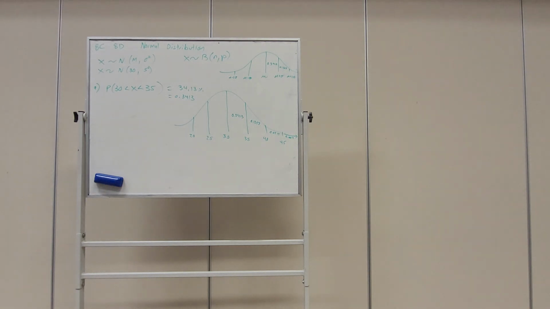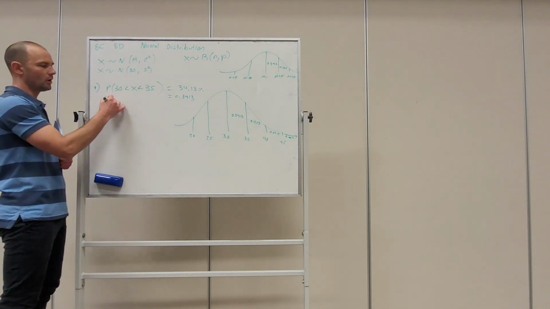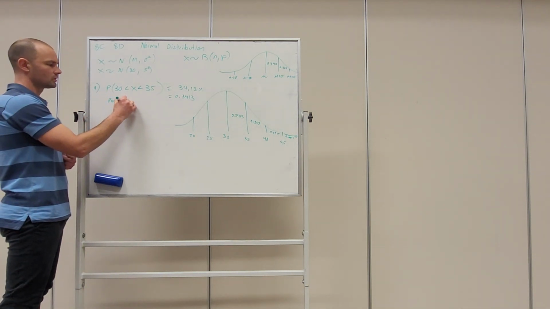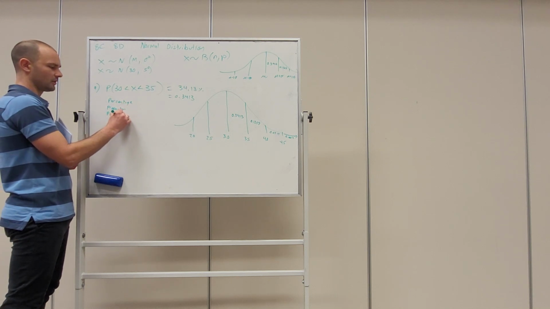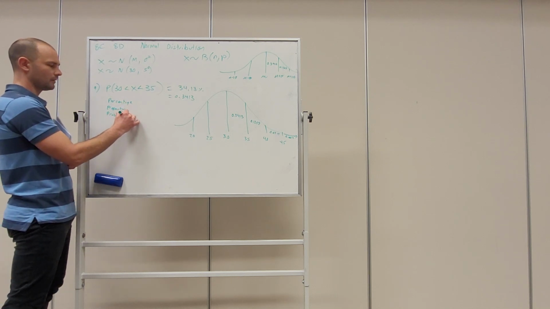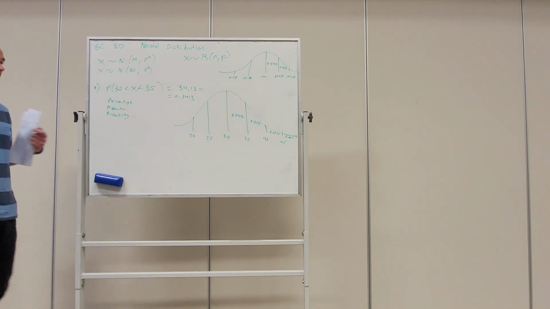Now, maybe I'll just talk about some notation because there's a number of ways that we can state things, isn't there? You often hear these words, what percentage, what proportion, and what's the probability. So they're all the triple P's we can think of. Probability is a number between 0 and 1.